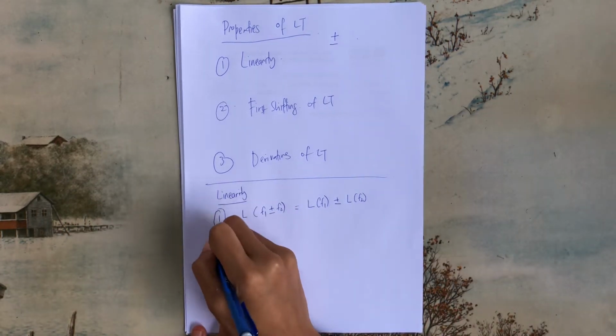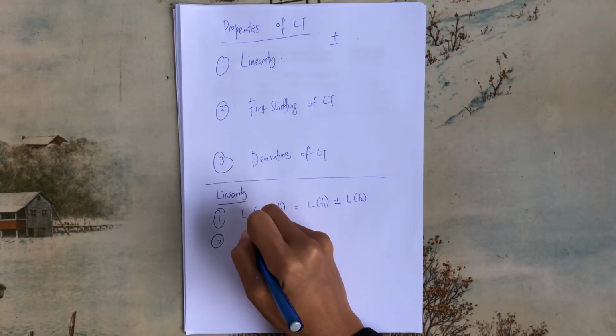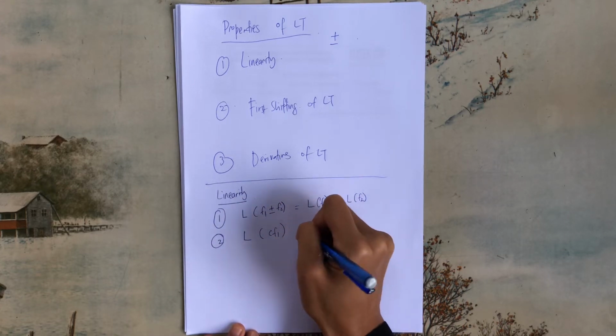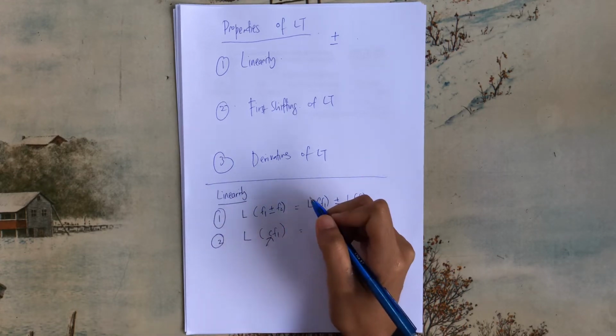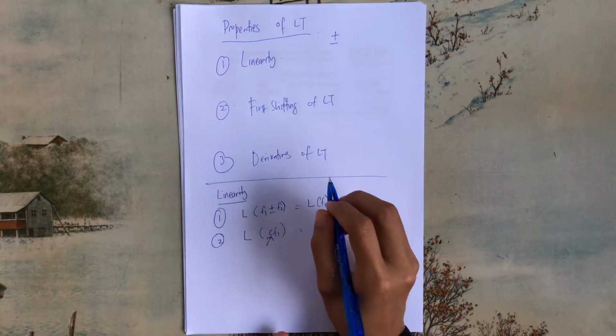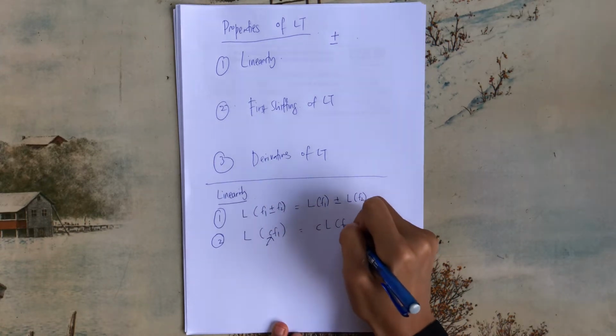Other than that, we also have scalar multiplication. Let's say you have the Laplace transform of C f1. C here is the scalar, which is a constant, it can be a number. So it becomes C times the Laplace transform for f1.